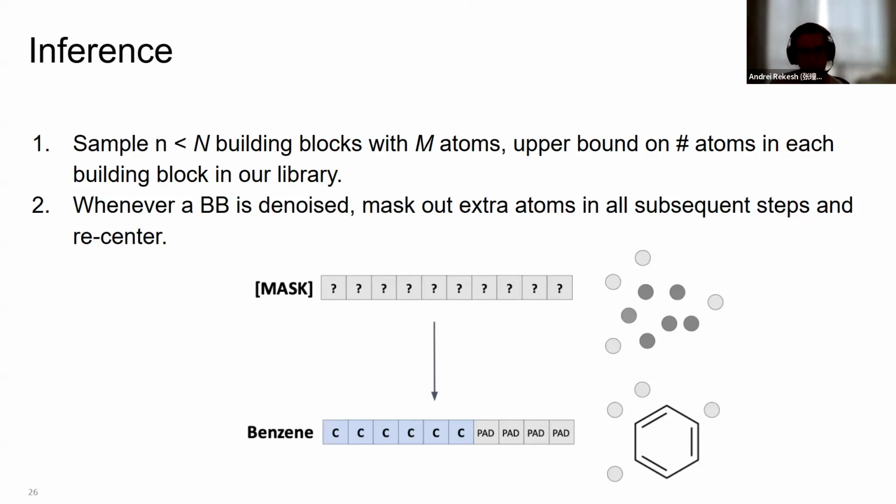We pick five. That is our prior over the number of building blocks, and this just corresponds to the proportion of examples in our data set that have that many building blocks. Once each building block is denoised, we mask out the extra atoms in all subsequent steps. We no longer have to consider them as true atoms or potentially true atoms, and then recenter.